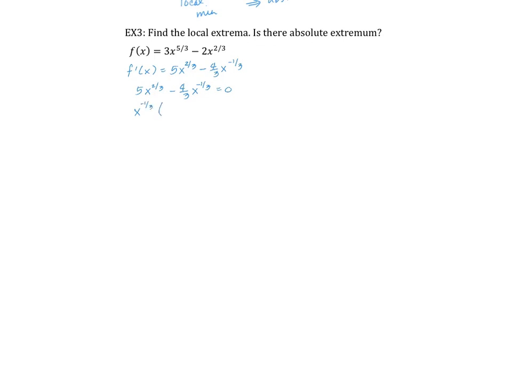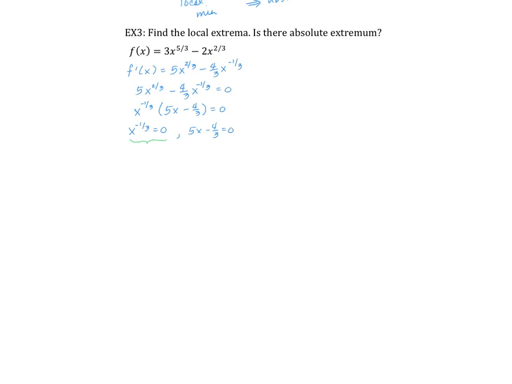When I factor out x to the negative 1/3, what remains in parentheses is 5x minus 4/3, and that's equal to 0. Setting each factor to 0, I have x to the negative 1/3 equal to 0, and 5x minus 4/3 equal to 0.